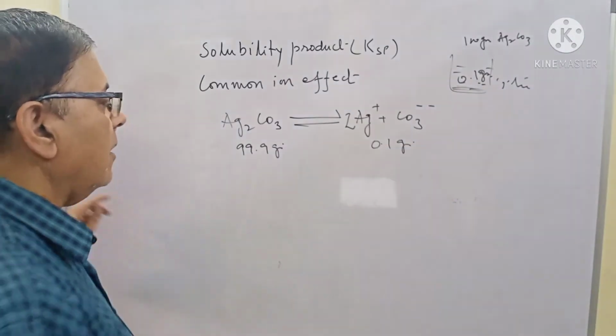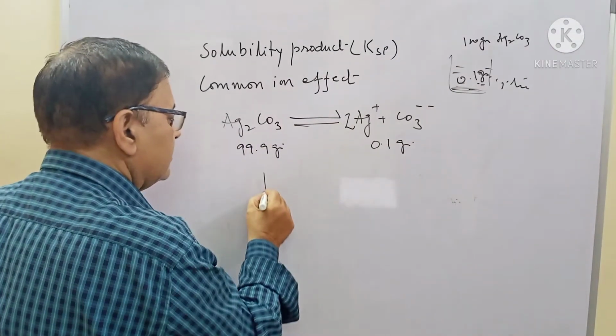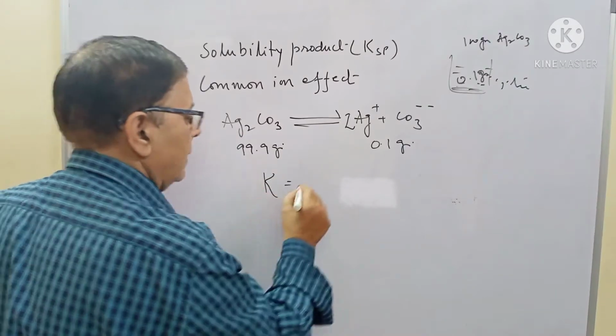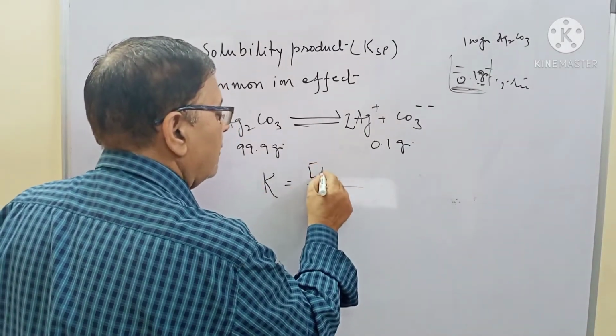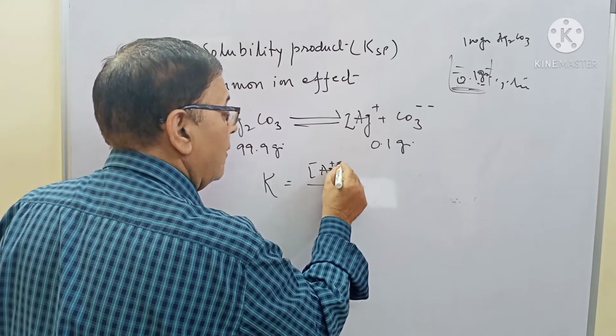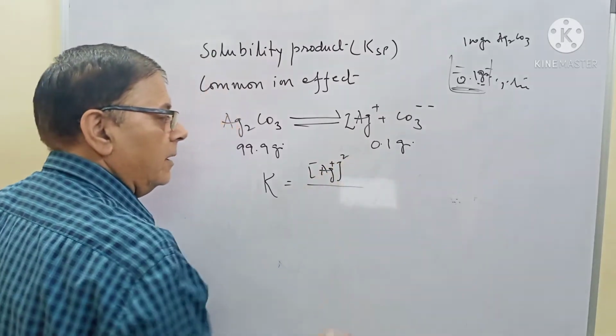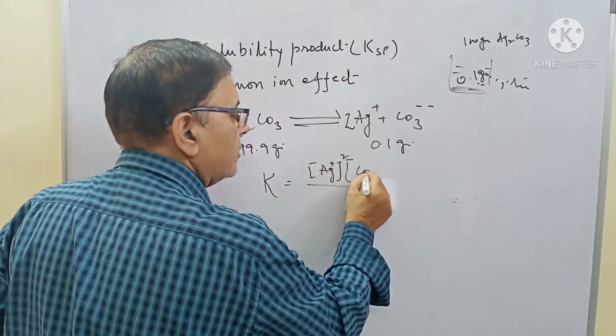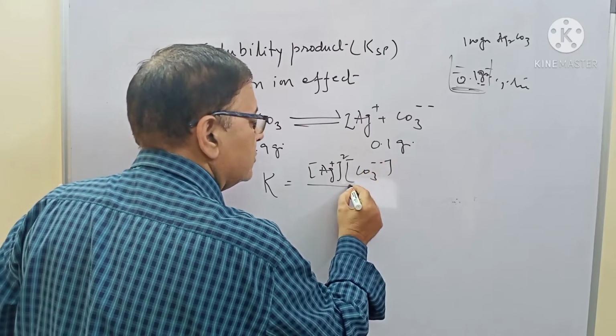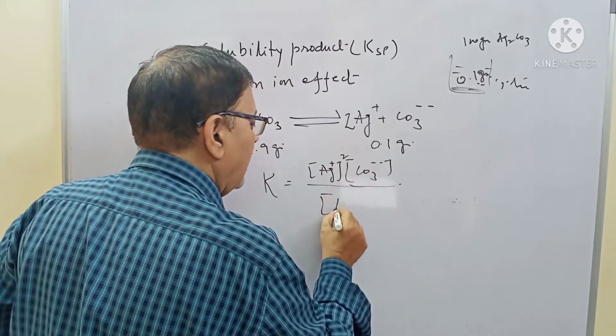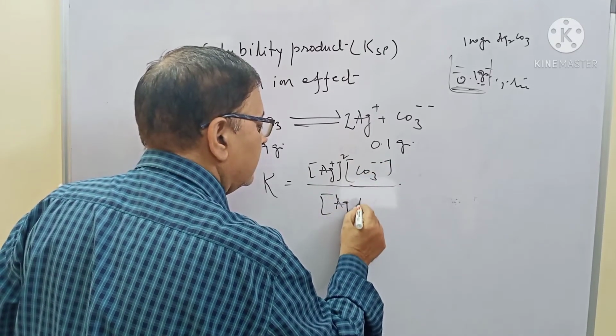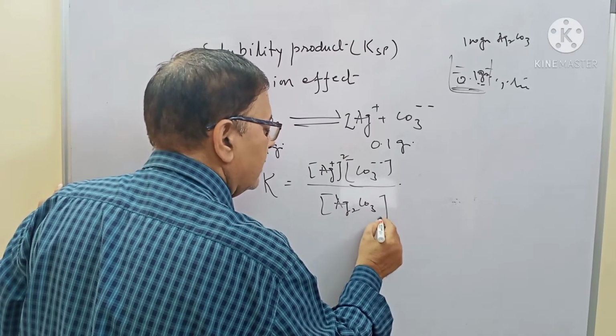Now let us apply the law of mass action for this. We get K equal to the concentration of silver ions raised to the square, times the concentration of carbonate ions, divided by the undissolved or undissociated silver carbonate.